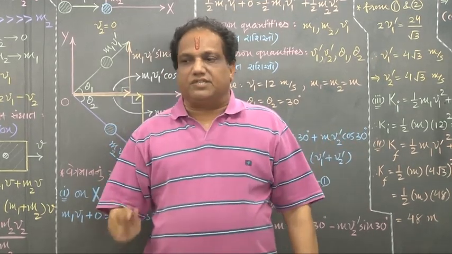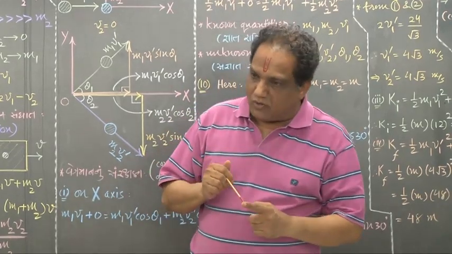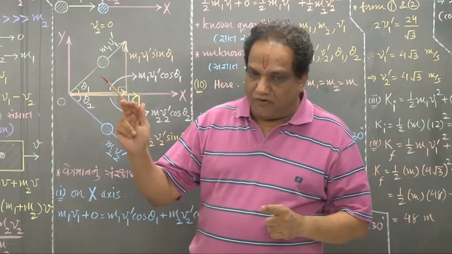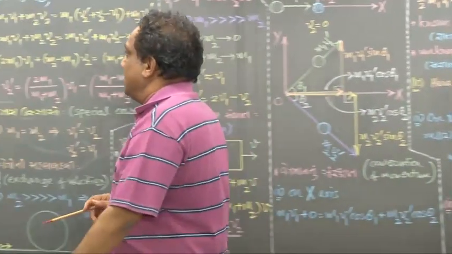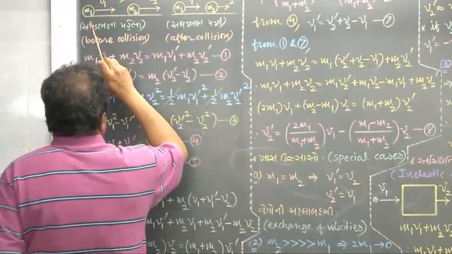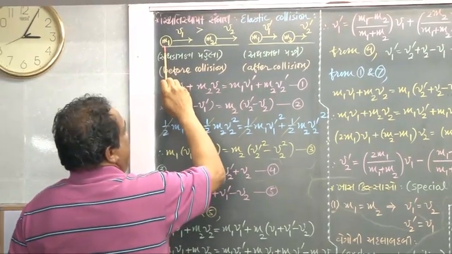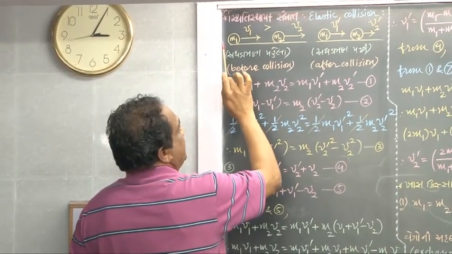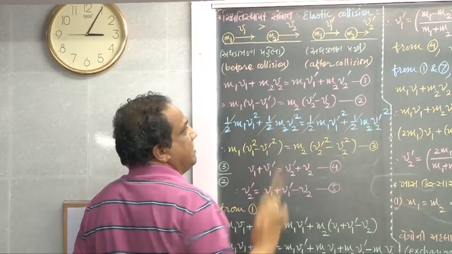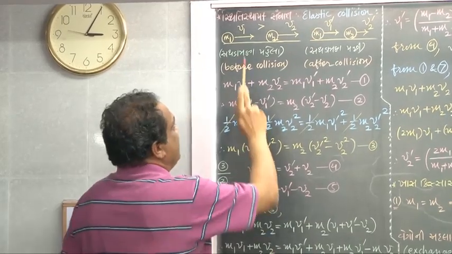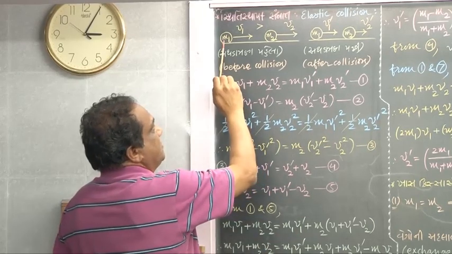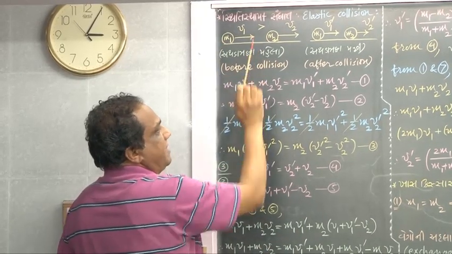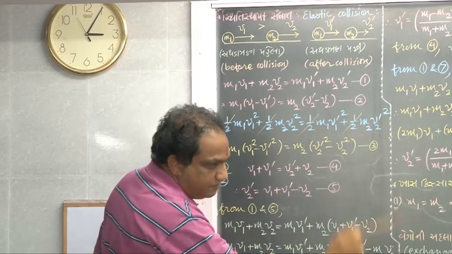Let us discuss first of all elastic collision between two bodies in one dimension. Consider two bodies with masses m1 and m2 moving along the positive x-axis with velocities v1 and v2 respectively. Here the first body is chasing, the second body is going ahead.